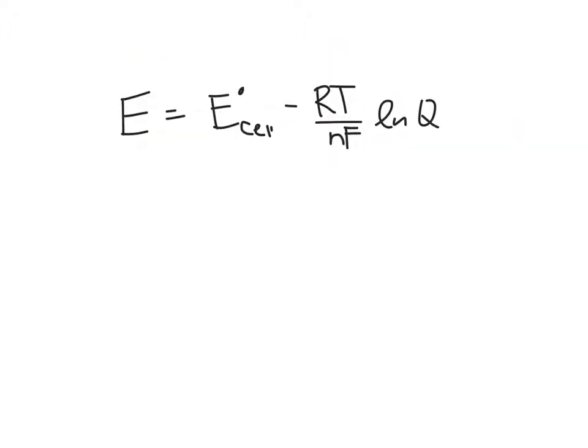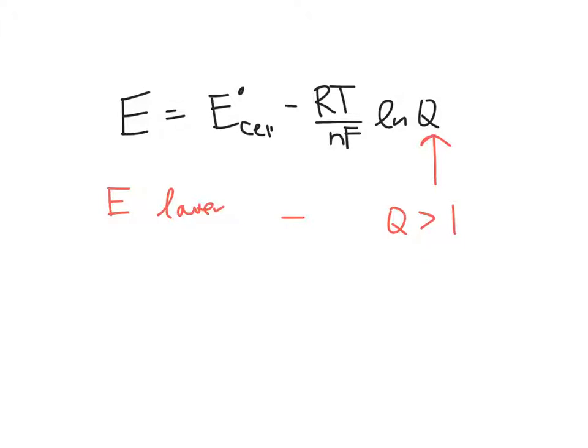To recap, if you have a reaction quotient value that is greater than 1, your logarithm is going to be positive. This means you're going to subtract from your cell potential, so your E will be lower than it was before.